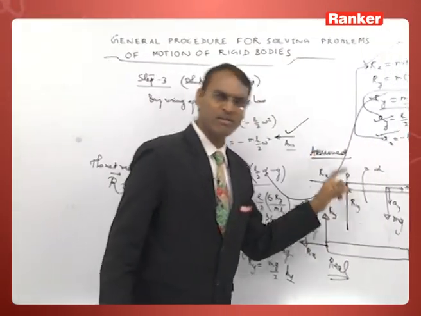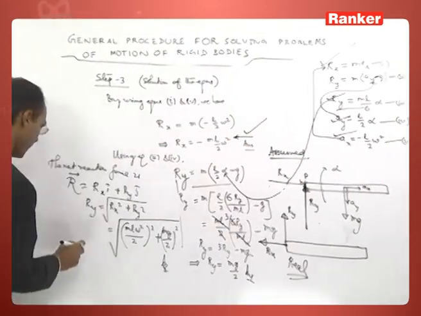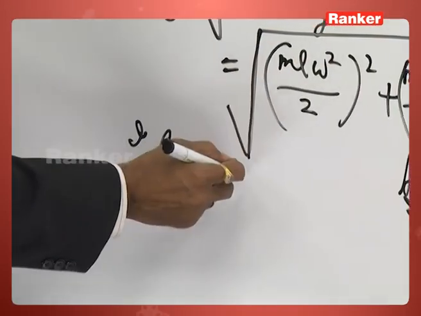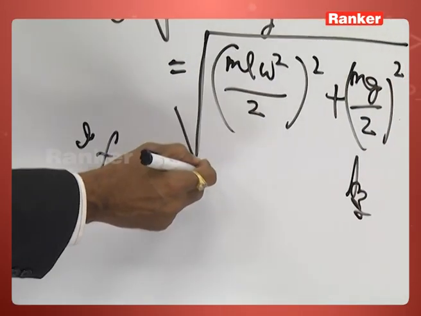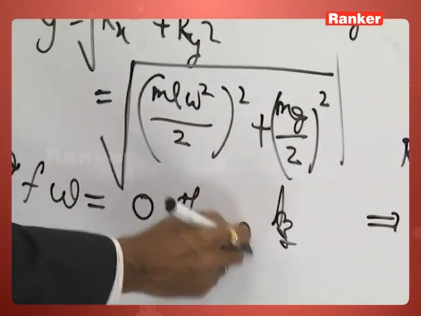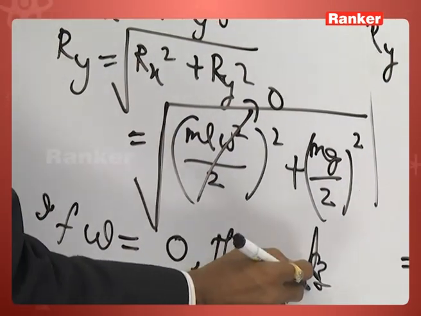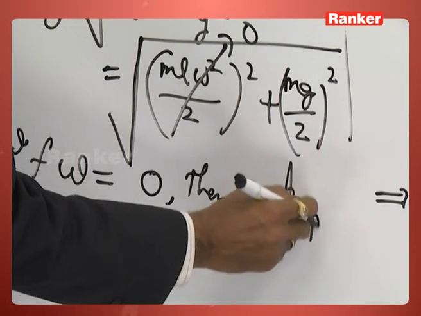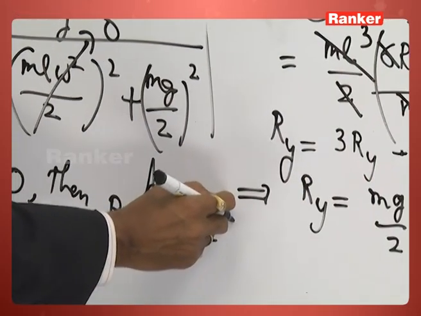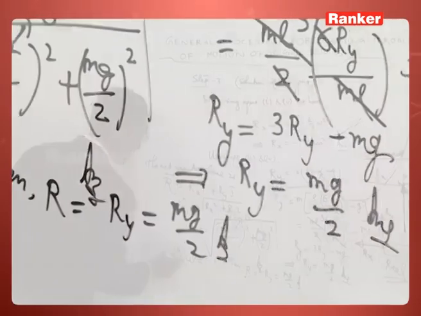If the initial angular velocity of the rod at the given instant is 0, then this factor will vanish. The reaction force is totally vertically upward, and that is equal to mg by 2 under this condition.